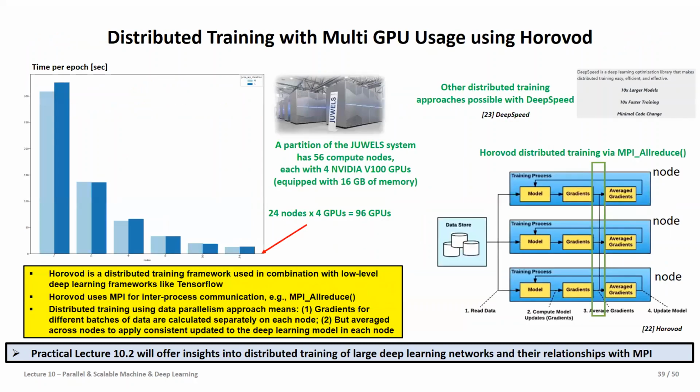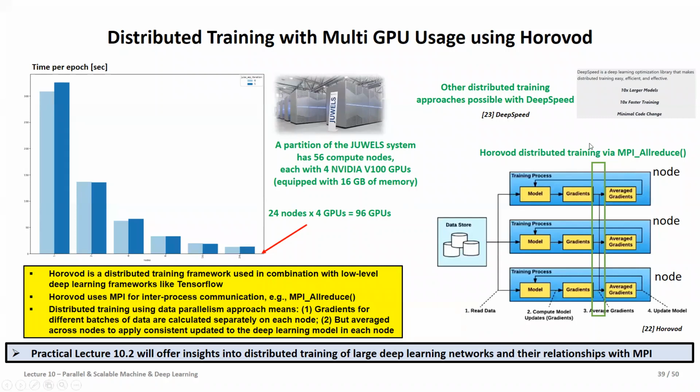And with this, you're actually able to significantly speed up, always knock down the time per epoch, per training, by, for instance, in this example, 24 nodes, each of them had 4 GPUs, if you remember from JUWELS, and then we had 96 GPUs. But by now we have much more GPUs already used, and also Rocco will explain this in practical lecture 10.2.